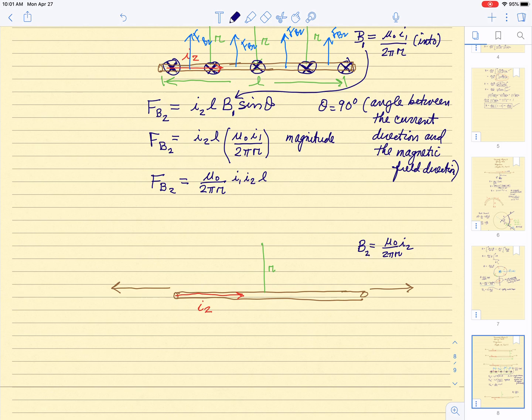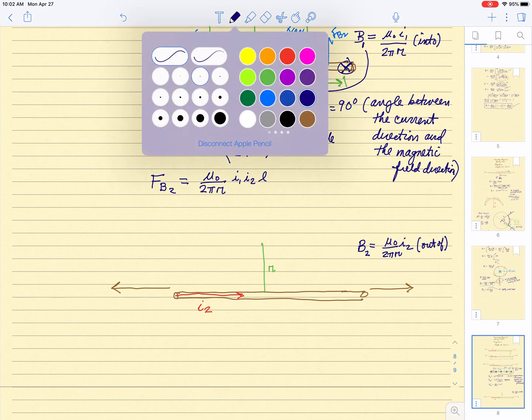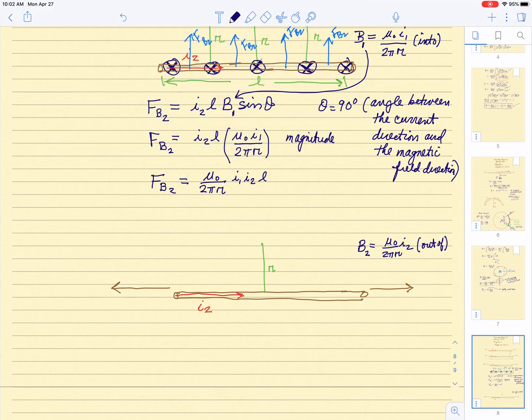Using the right-hand rule, this is going to be out of the plane of the paper. It doesn't matter where we are along the wire, as long as we stay a distance r away, the magnetic field is going to be out of the plane of the paper.